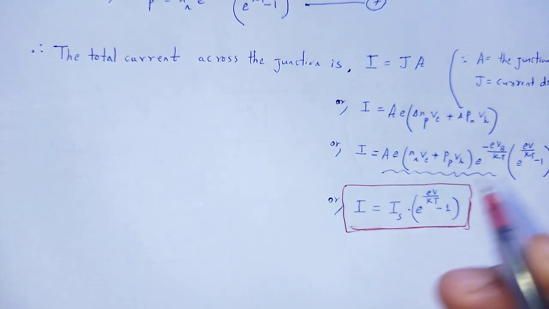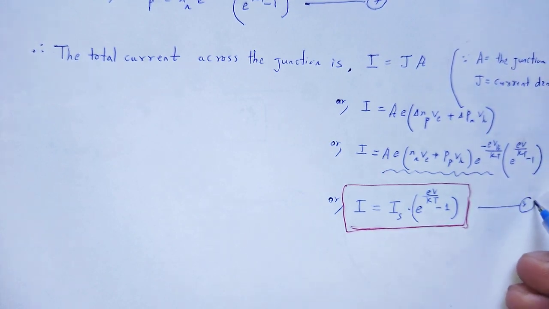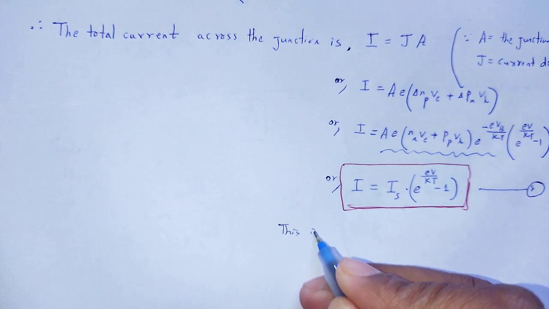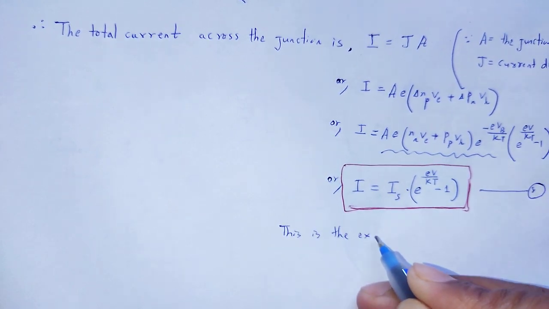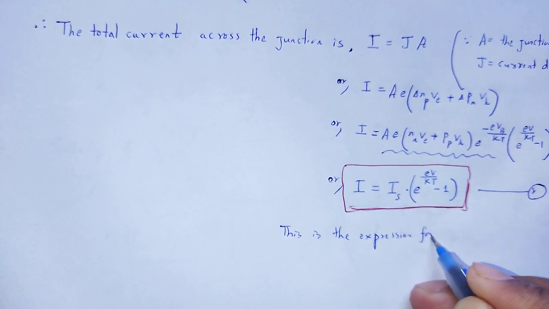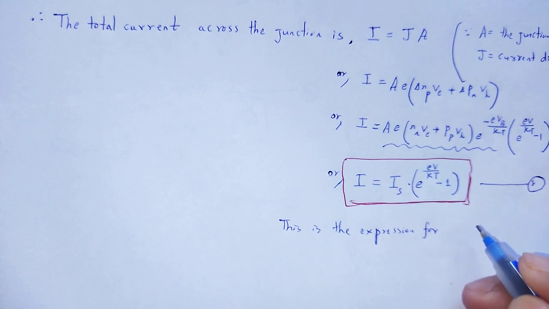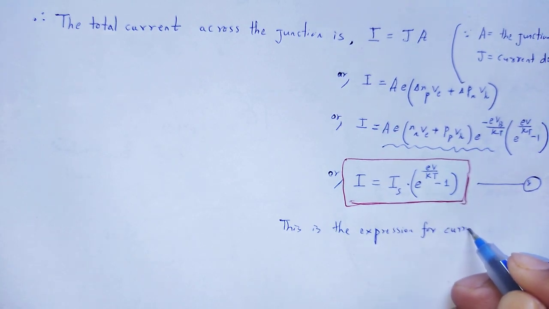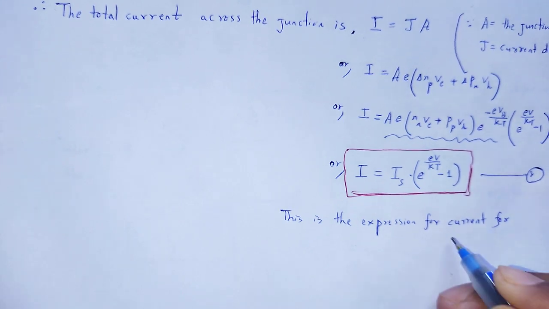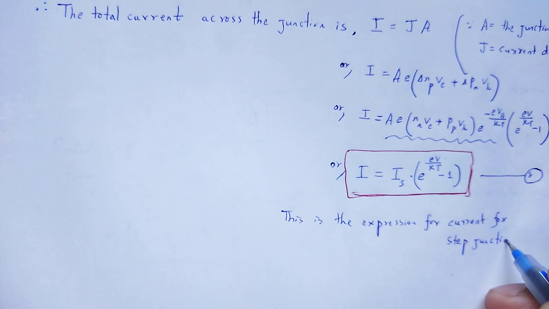This is the expression for the current for a step junction.